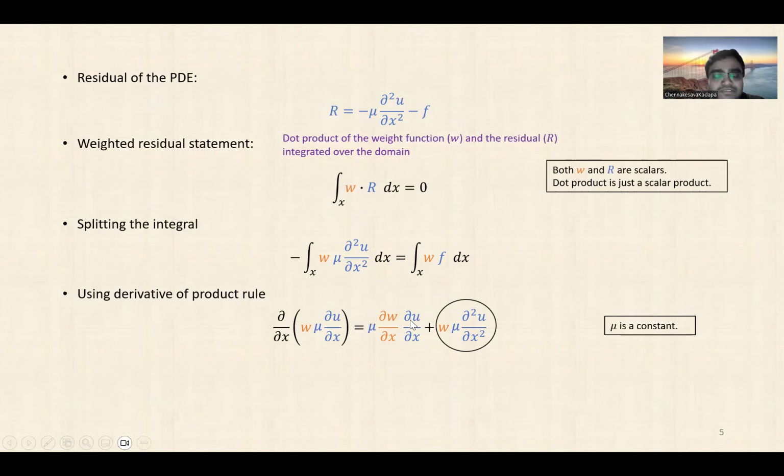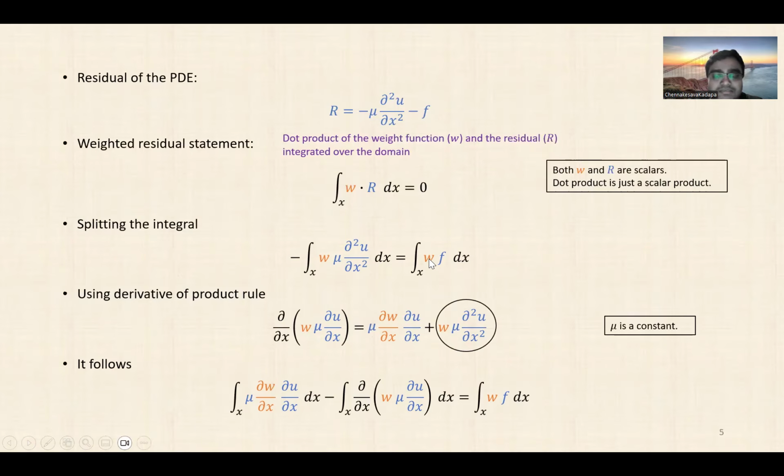Now from this equation we calculate this w mu ∂²u/∂x², and then take this entire term from the left hand side to the right hand side, and then substitute here, and after modification we have, okay, minus here, we take it to the left hand side, we get minus minus plus, so plus mu ∂w/∂x ∂u/∂x dx, and this term remains as it is on the left hand side, and since it is minus, we have minus here.